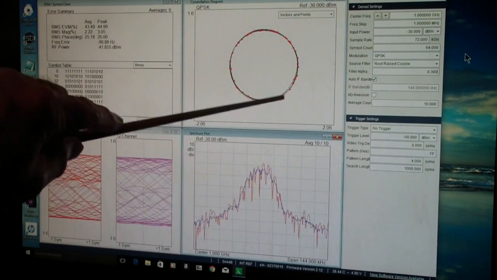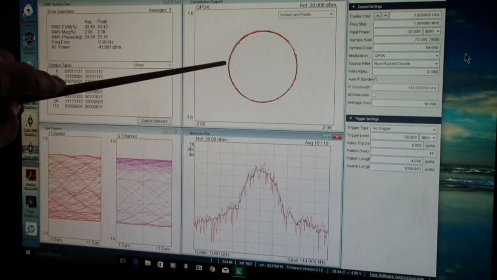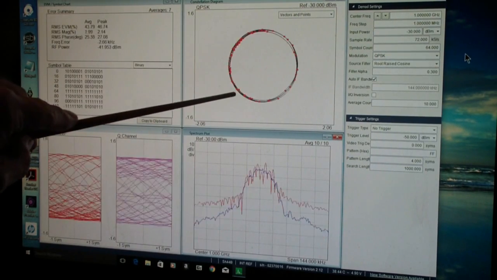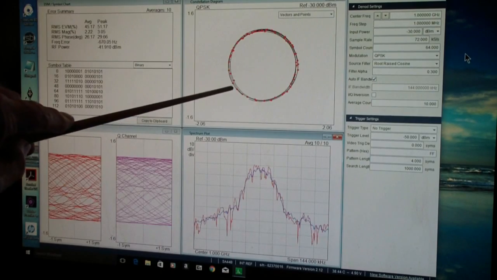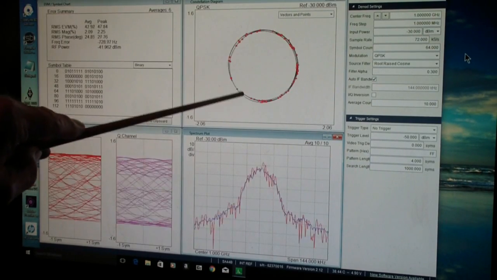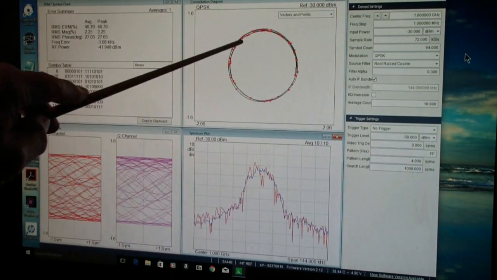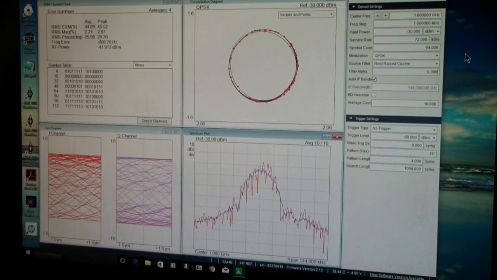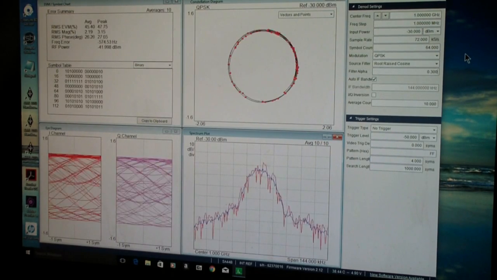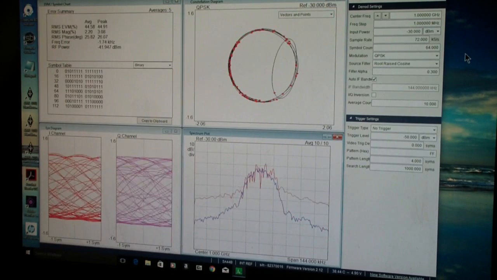Now notice here that it's a little bit hard to see, but basically what happens is these bits tend to be grouped together so that frequency transitions that result in phase changes are grouped around these 45-degree points. What I'm going to do now is compare the occupied bandwidth of these two signals so you can see that, and then hopefully wrap this up.